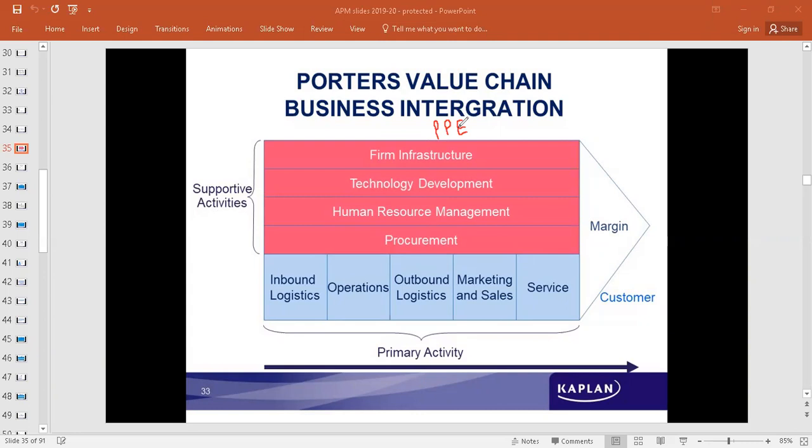And after they are placed in their positions, keeping a track of their work and performance, and then based on the performance, later on when they are appraised, the rewards and recognitions which they receive, and then their promotion to the next level, everything is taken up by human resource management. So it starts from selecting the candidates until they leave the organization. Every part of it, if it has to be taken care of, it is done by human resource management. That's again another supportive activity.